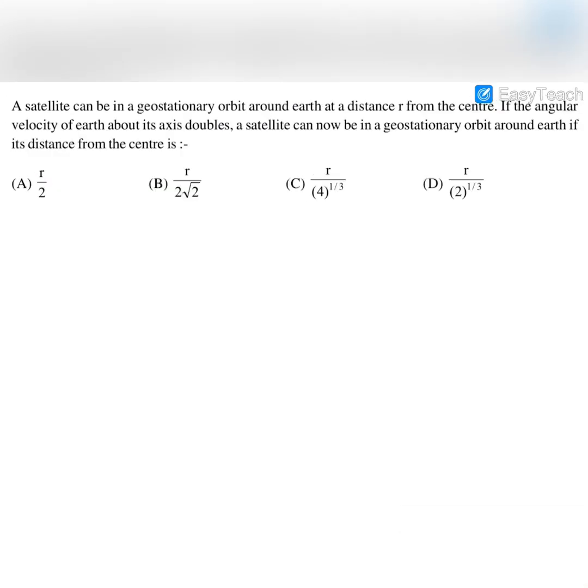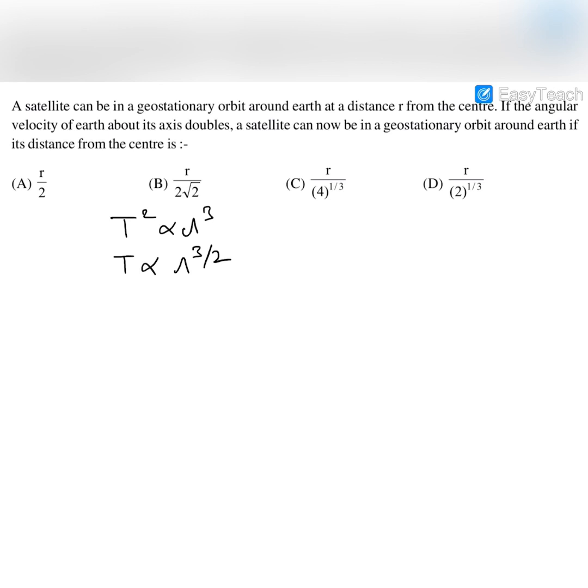In this question, there is a geostationary satellite in an orbit around the Earth at a distance of r from the center of the Earth, and the angular velocity of the Earth is suddenly doubled. We have to find the new radius of the orbit of the geostationary satellite. We know that Kepler's third law says T squared is proportional to r cubed, so T is proportional to r to the power 3 by 2.